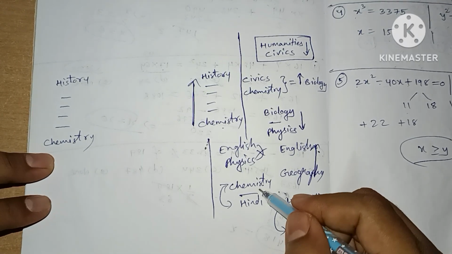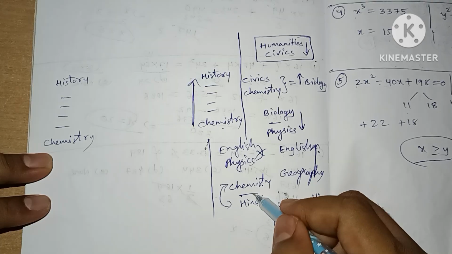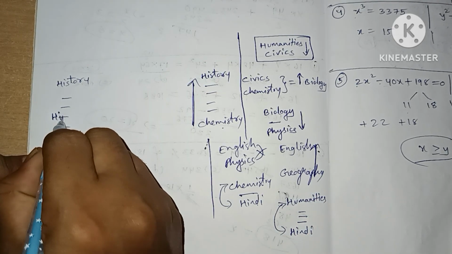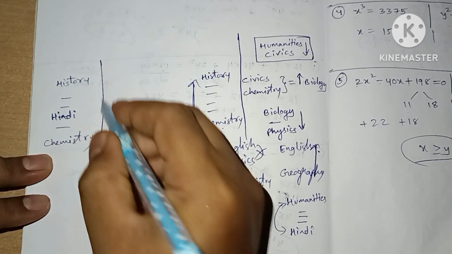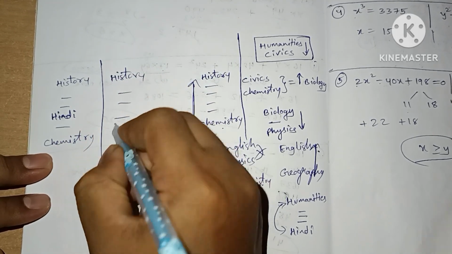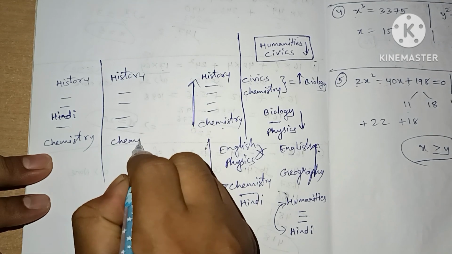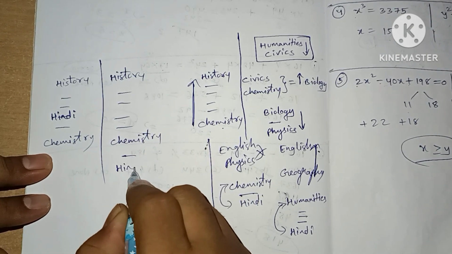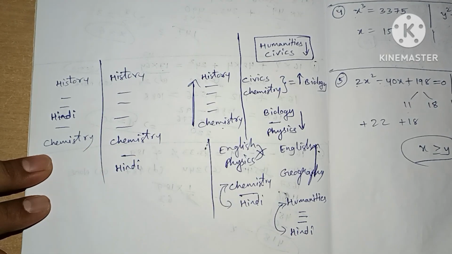We have chemistry and Hindi, in between there is only one book, so it might be the place for Hindi, or else we have another possibility of history 1, 2, 3, 4, chemistry, and Hindi down here. Okay, so we got 2 possibilities.